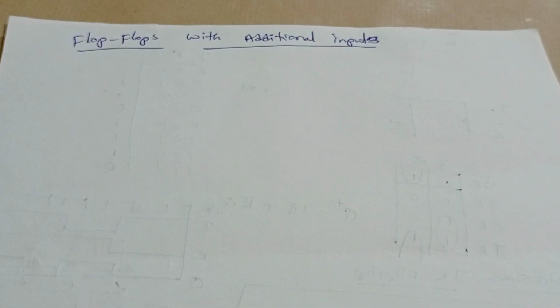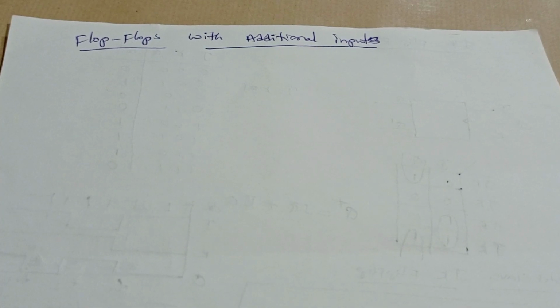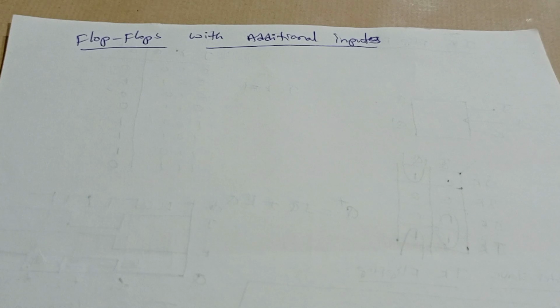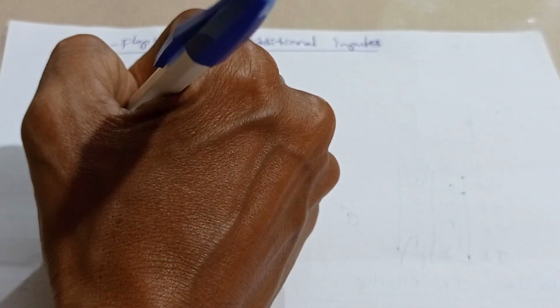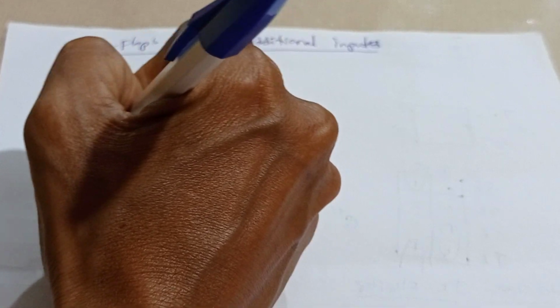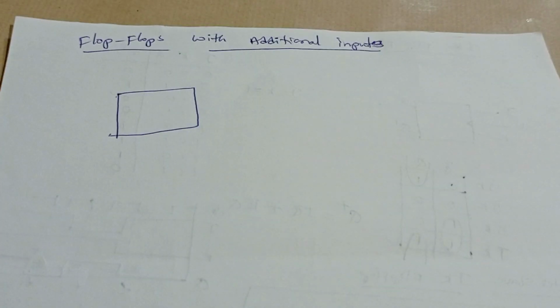Flip flops with additional inputs. Flip flops often have additional inputs which can be used to set the flip flop to an initial state independent of the clock. Here we are considering the D flip flop as an example. This consists of clear and preset inputs.